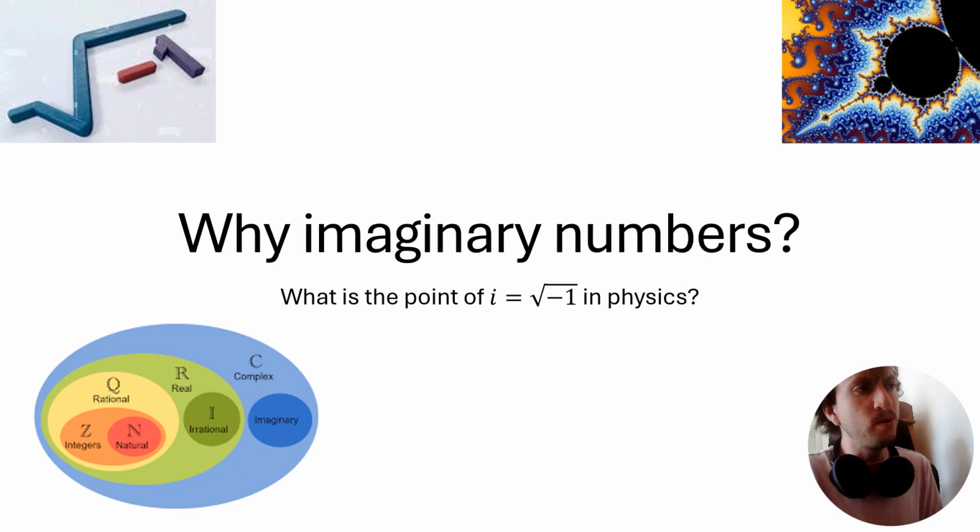So if we're going to talk about square roots of negative numbers, we have to talk about a whole new class of numbers, and we call these imaginary numbers. And the starting point of imaginary numbers is i, which is defined to be the square root of -1.